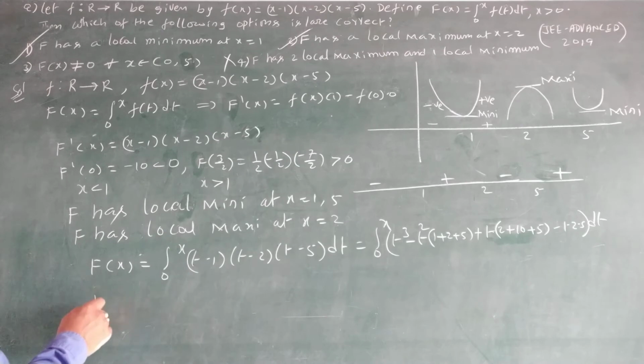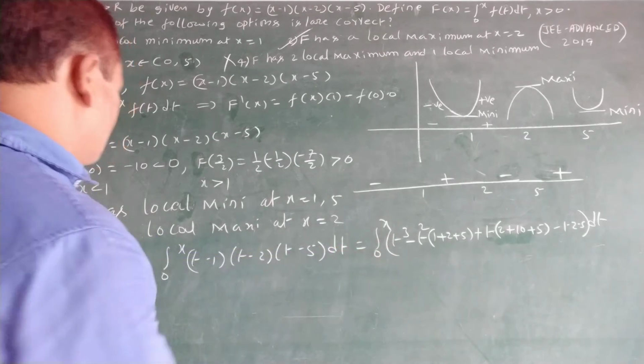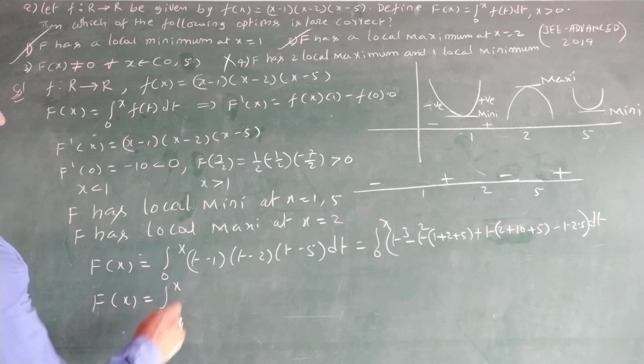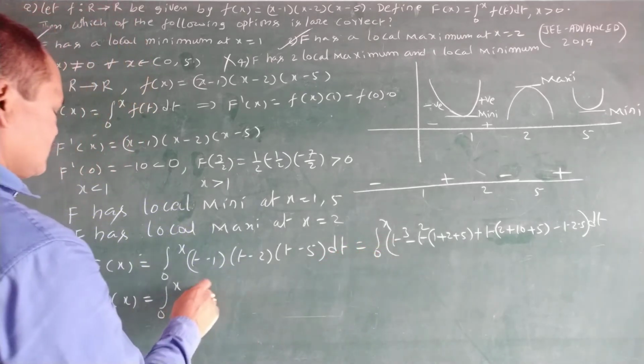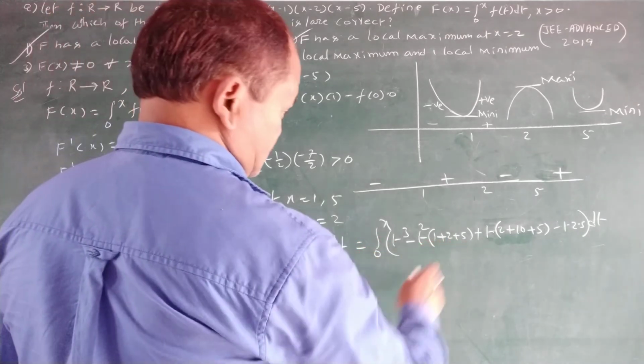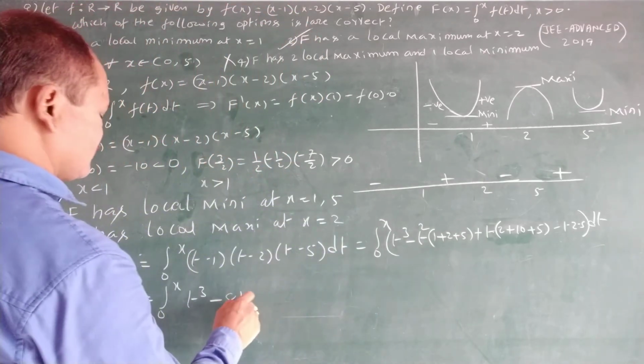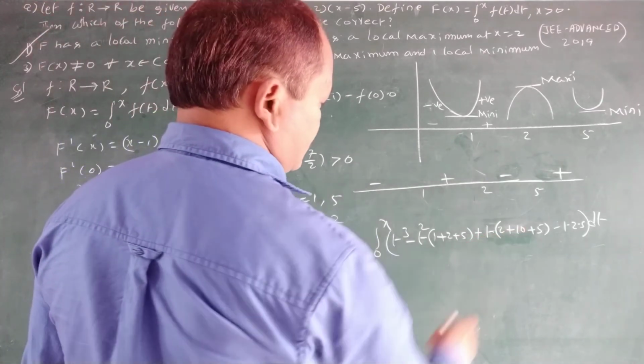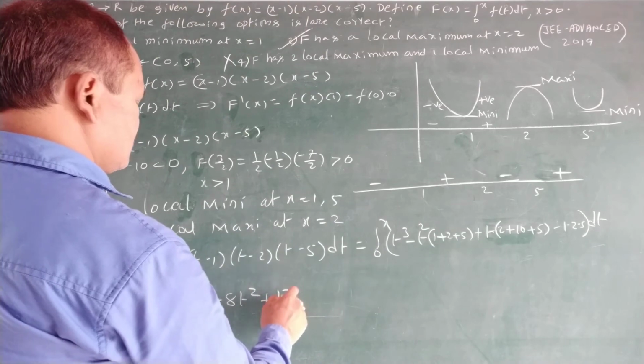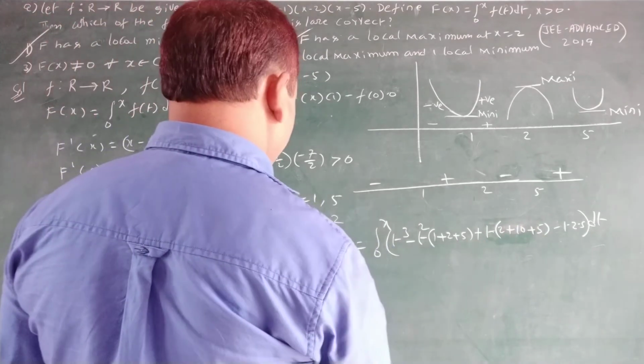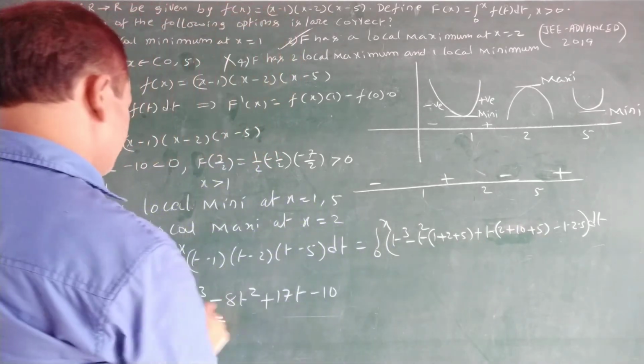That's why capital F of x is equal to the integral from 0 to x of t cube minus 8 t square plus 17 t minus 10 dt.